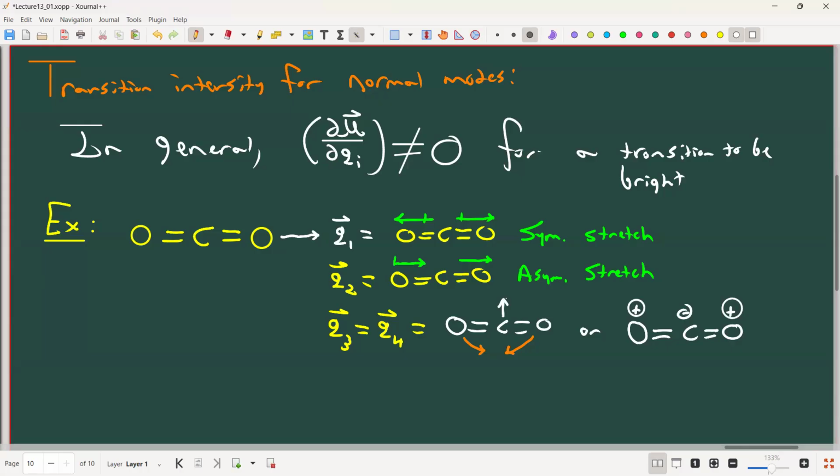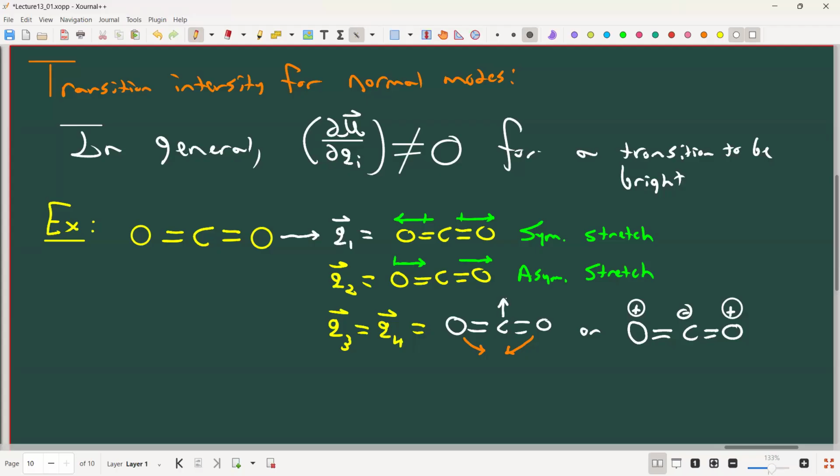Carbon dioxide does not have a dipole because the O's cancel each other out. So this system has no permanent dipole moment. But remember, we don't really care about that. We only care about whether the dipole changes. If the system maintains the symmetry on the vibration, meaning both sides of the molecule are still the same after vibration, then no dipole has occurred. So in the symmetric stretch, this O goes out the same distance as the other one.